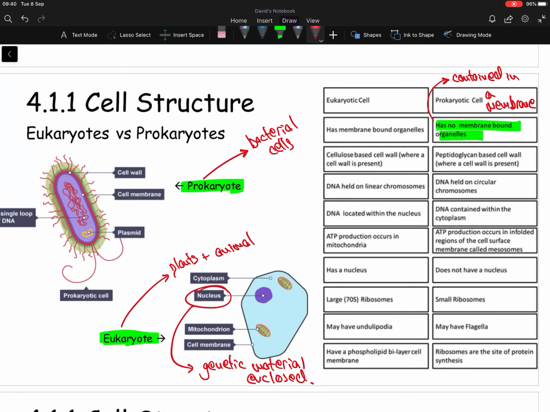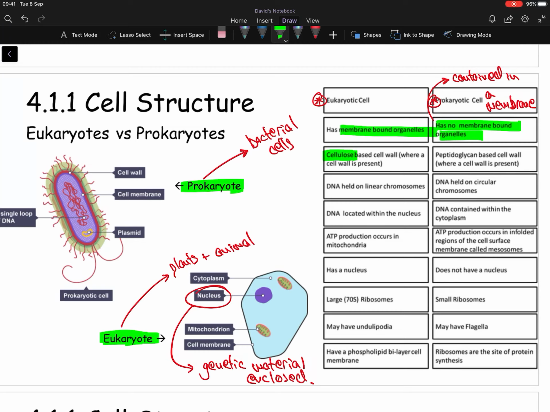Good. Now, importantly, you'll see here we've got some of the defining attributes of eukaryotic cells and prokaryotic cells. When we're talking about eukaryotic cells, they have membrane-bound organelles. So we're talking about nuclei, mitochondria, ribosomes. In plants, they have a cellulose-based cell wall.